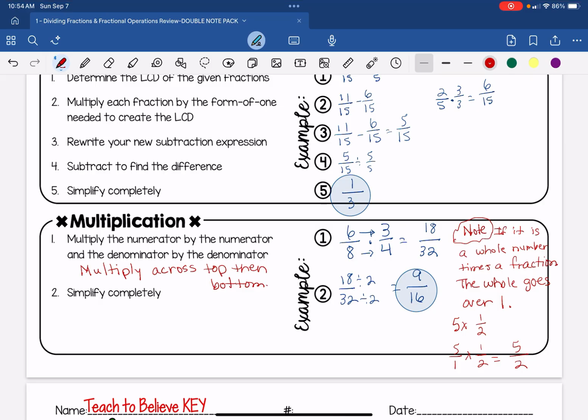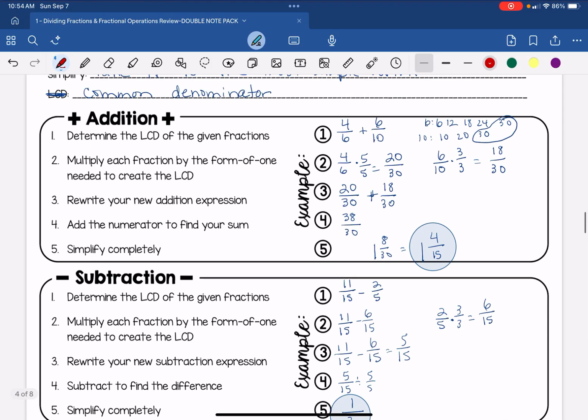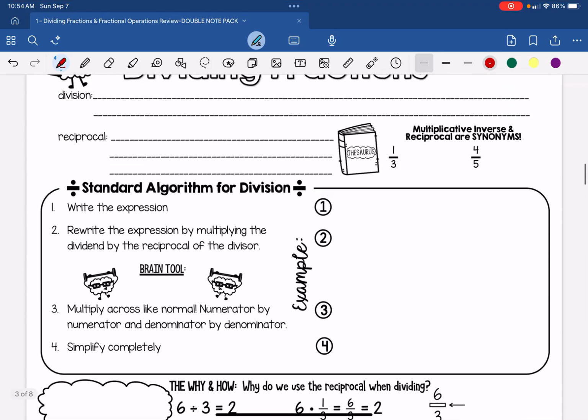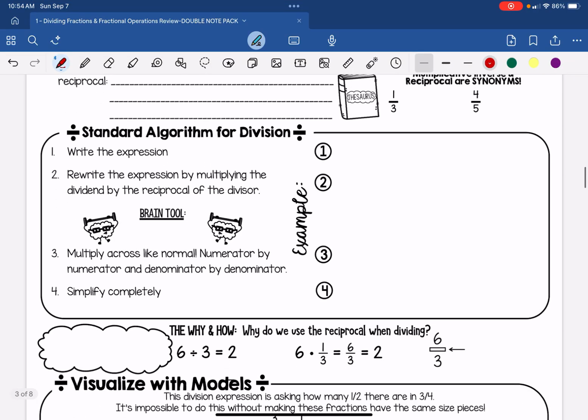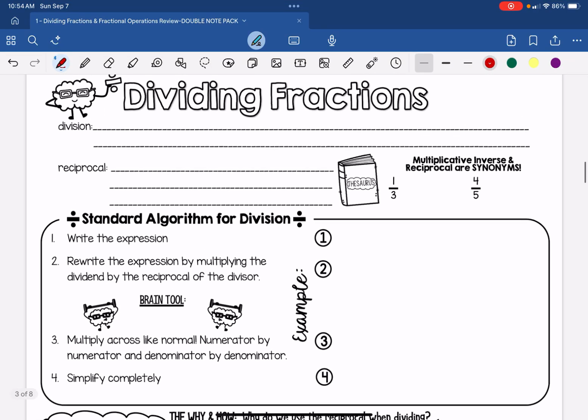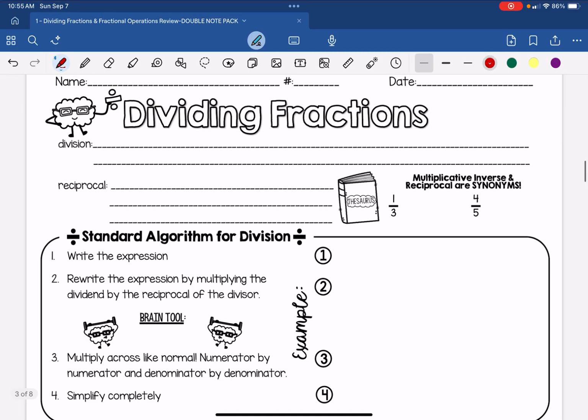All right, the last operation we're going to talk about is division. Division of fractions has a little bit more that you need to remember. It's more of a process, but in the end, it's just really multiplying.